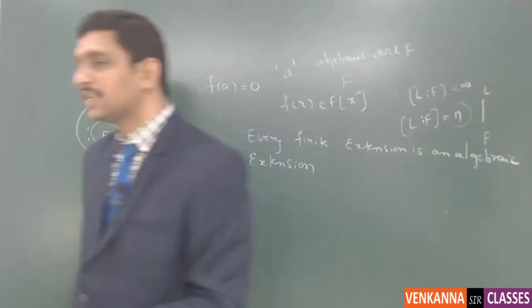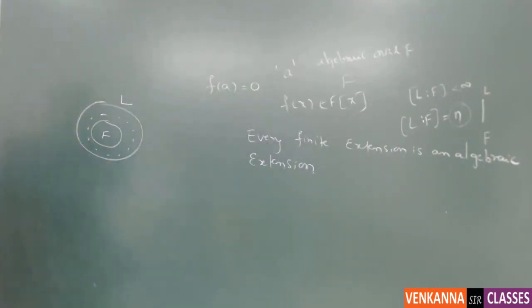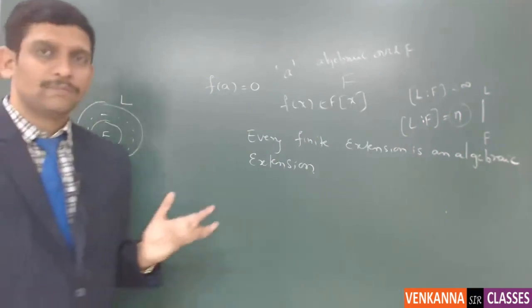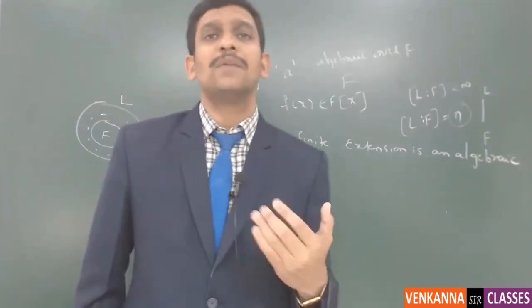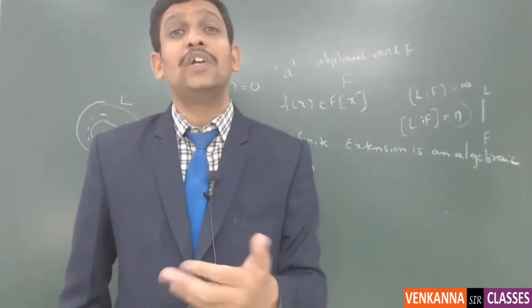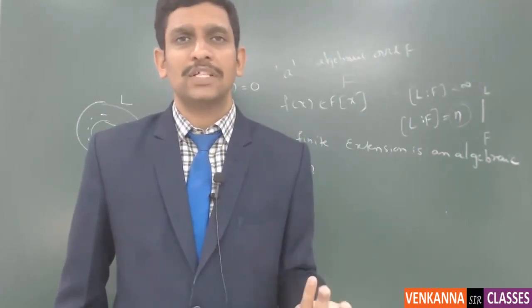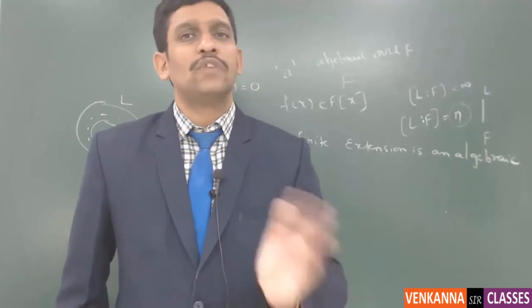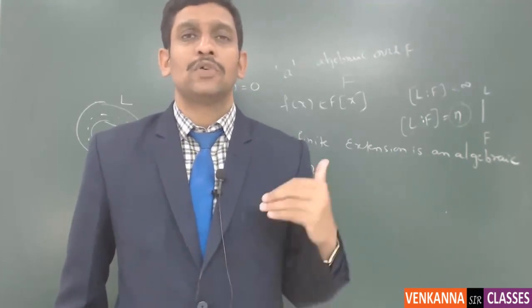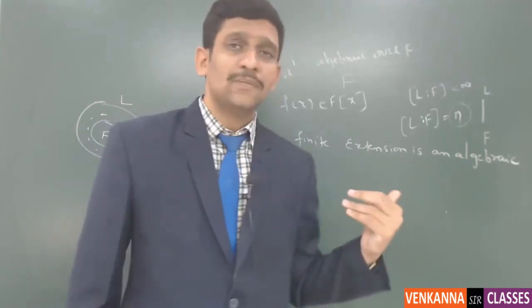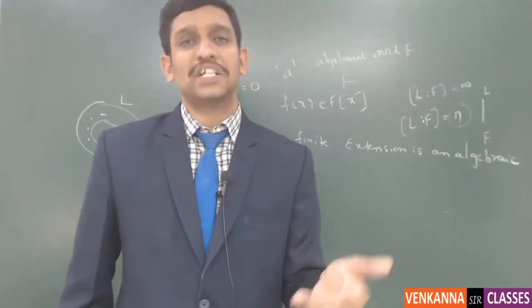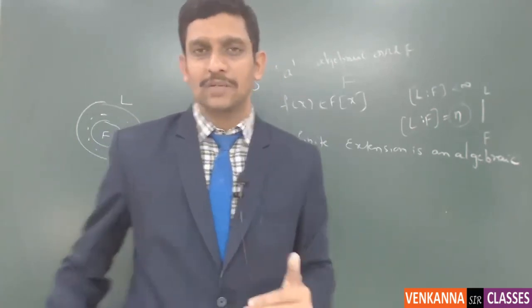That is what I am saying. Okay? And the converse of the result is not true. If you take an algebraic extension, that need not be finite. For that we have similar examples, which we discuss next time. So at present our main interest is that a finite extension is always algebraic.